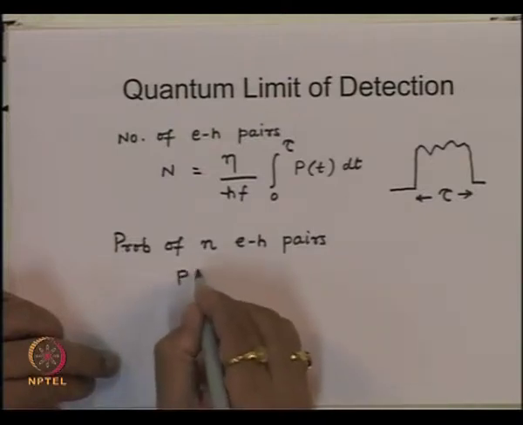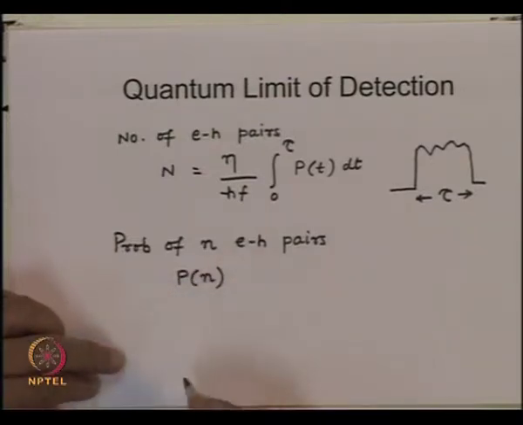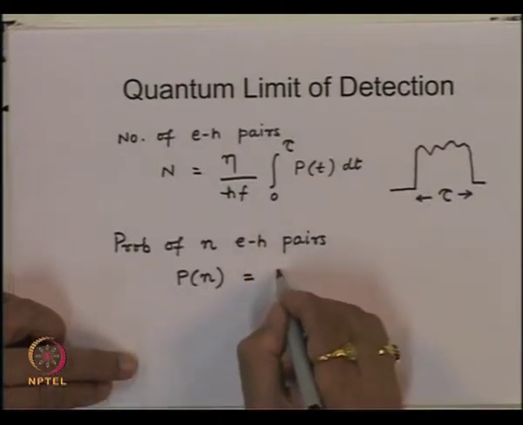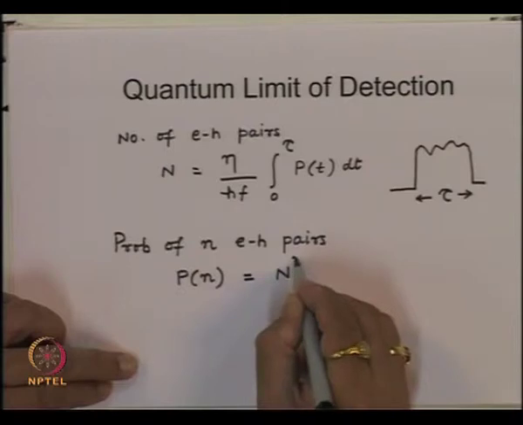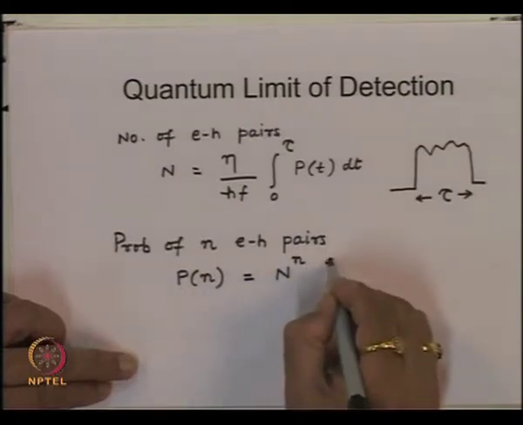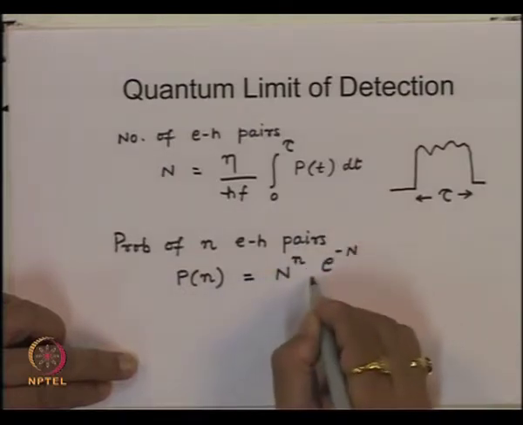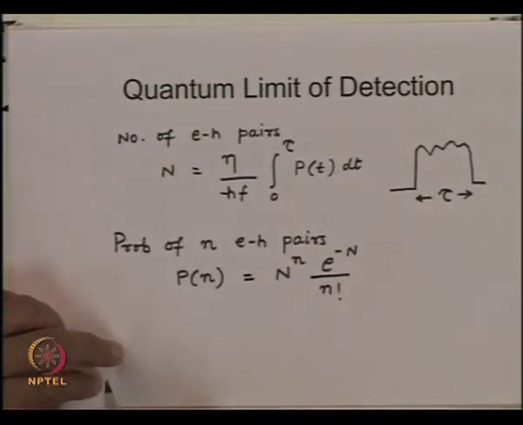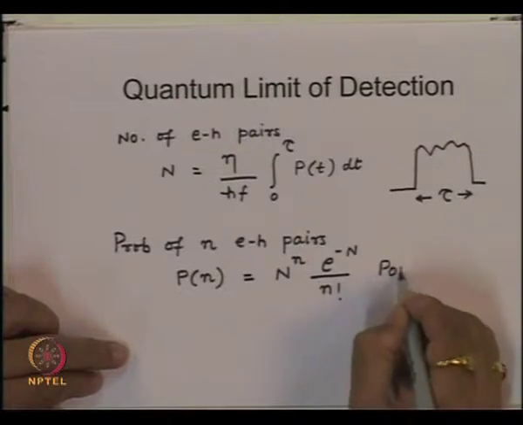Let us say that is given by P(n). That is given by the Poisson distribution, which is n to the power n, e to the power minus n, divided by factorial n. This is the Poisson process.